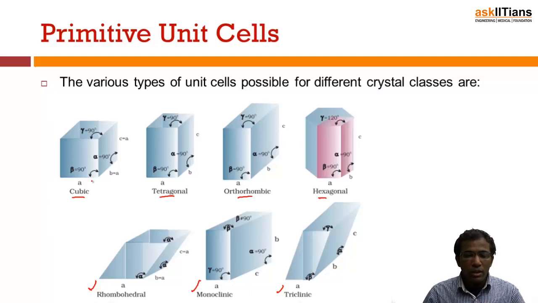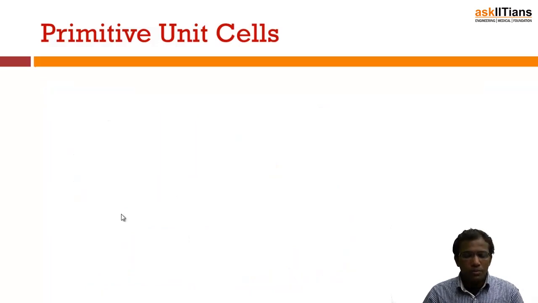If you take cubic, it has the 3 edge lengths equal and all the edge angles equal to 90. But if you come to tetragonal, there is a difference from cubic, and orthorhombic is different from these two. So these differ in edge lengths or also edge angles. Let's discuss more about it.